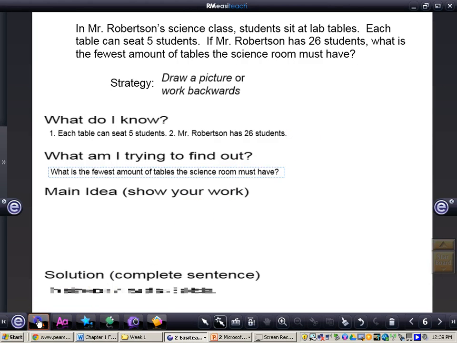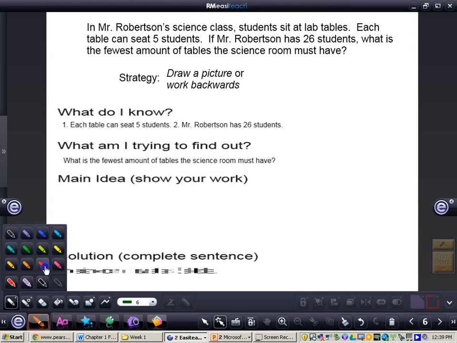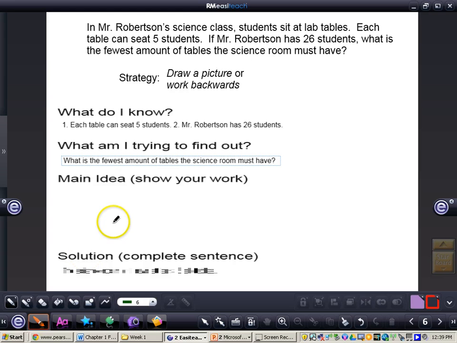Now here's what we're going to do. We're going to draw a picture. We know that 5 students can sit at each table, so we will just draw a table here representing 5 students. That's 5, that's 10, that's 15, that's 20.